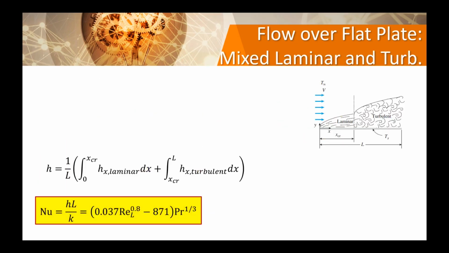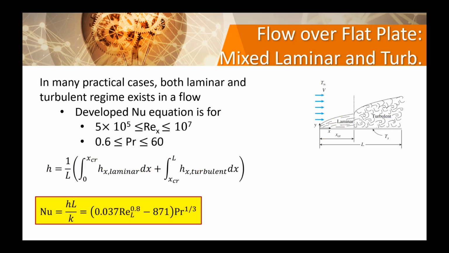Okay. Now, the last mode of the flat plate convection heat transfer is the mixed laminar and turbulent model, right? So in many practical cases, we have both the laminar and the turbulent regime coexisting alongside each other.